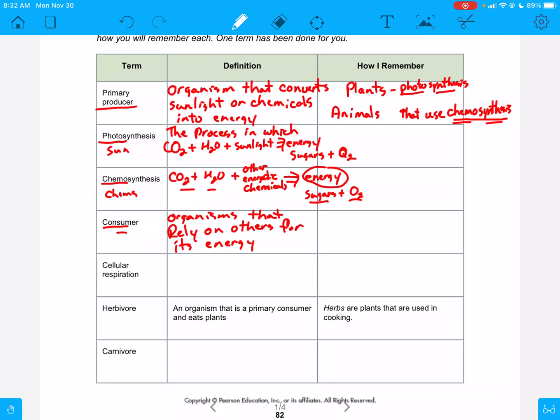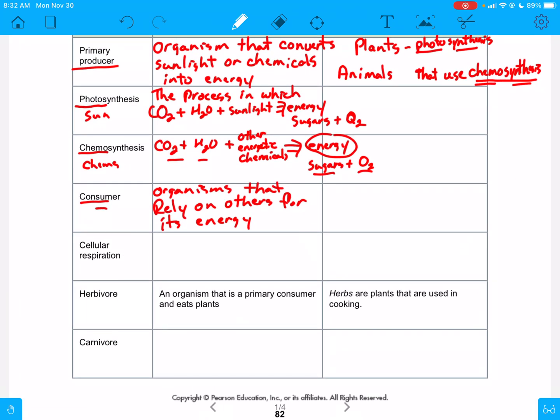I'm going to move down a little bit here to cellular respiration. Cellular respiration is the process where sugars are broken into CO2 plus H2O. I have very bad internet today.